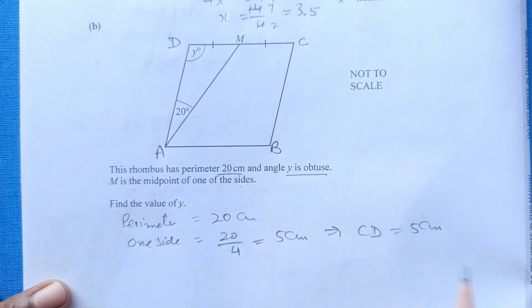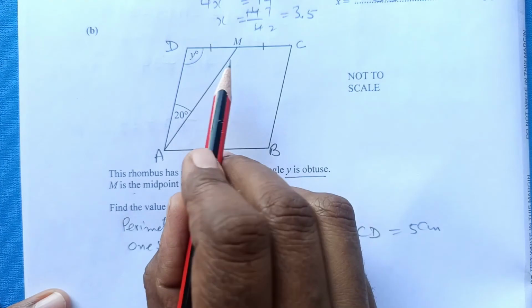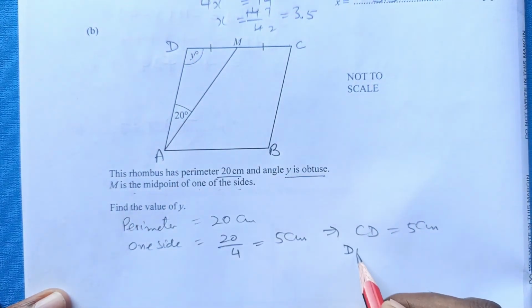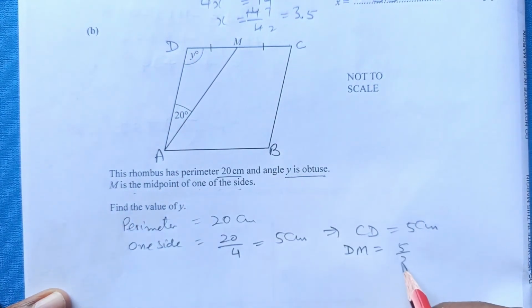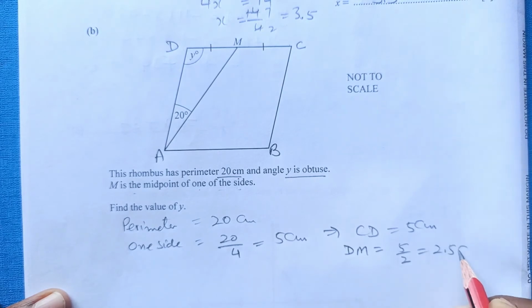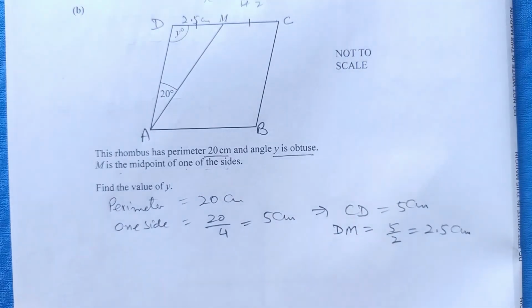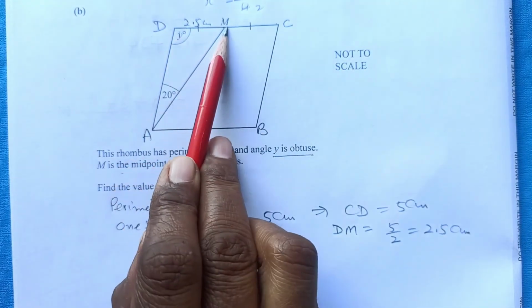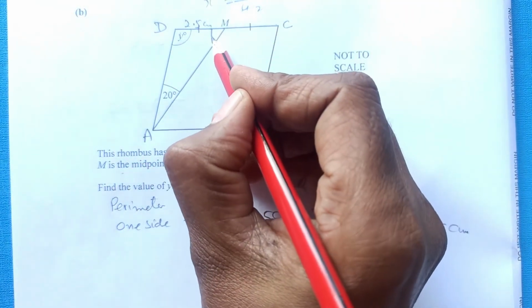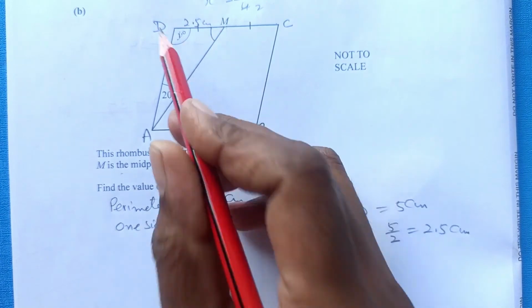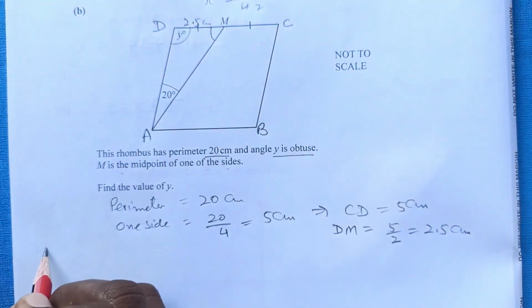If CD is 5 centimeters, then DM will be half of that, so 5 over 2, which is 2.5 centimeters. Now that we have DM as 2.5, we can find this angle, angle AMD, right? We can use the sine rule here.